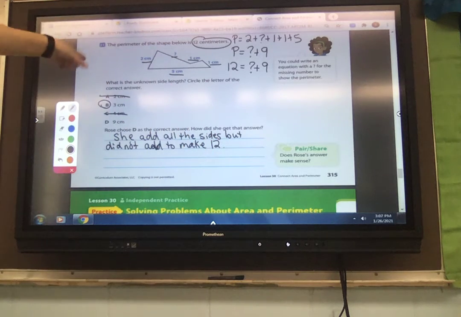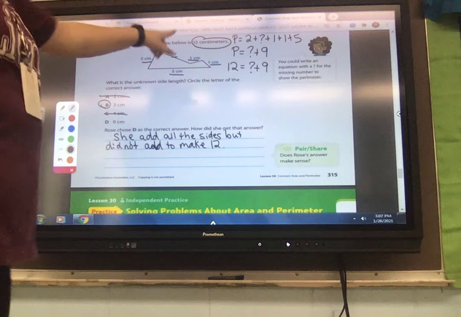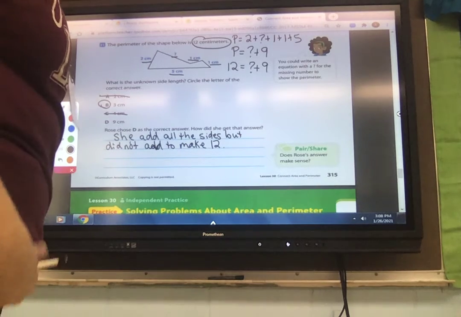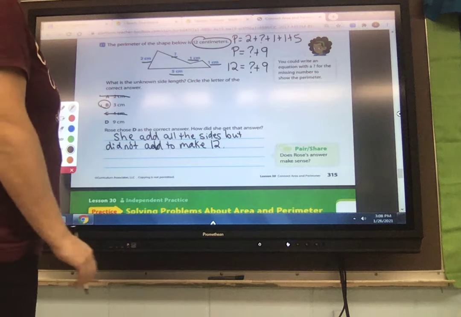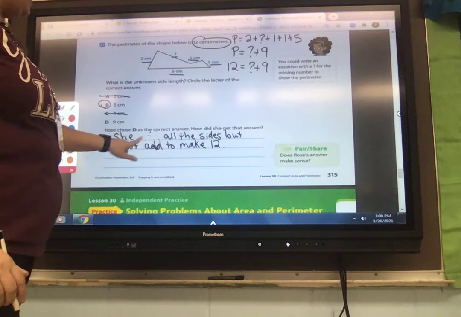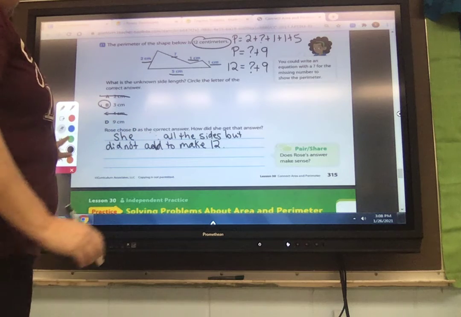Remember, yes, those sides equal 9, but the perimeter is not 9. The perimeter is 12, so she did not add to her 9 to turn it into 12. She, my goodness gracious, let's fix that. She added, let's put an ED on that.